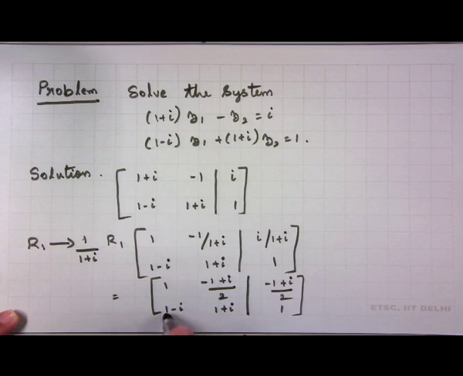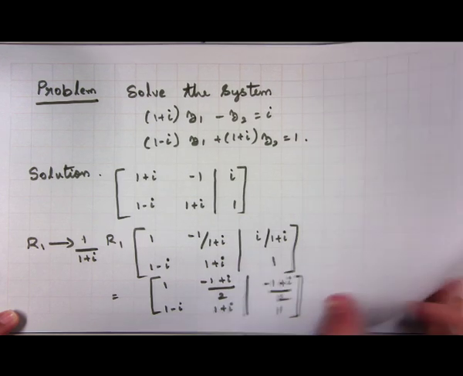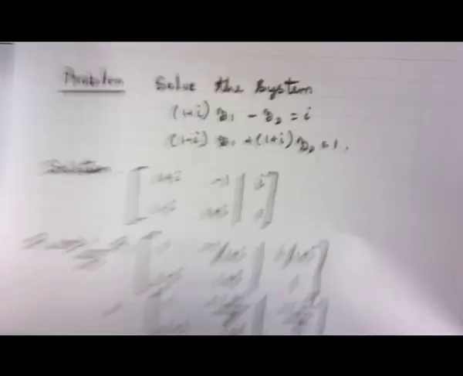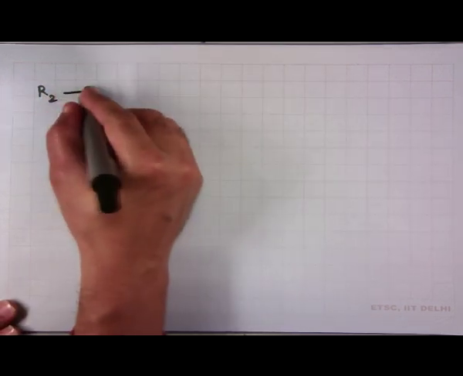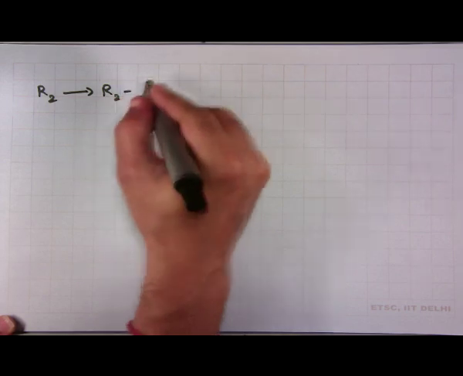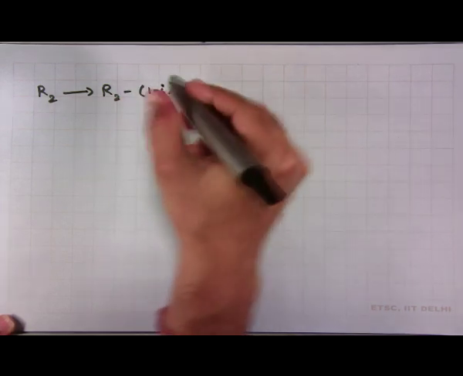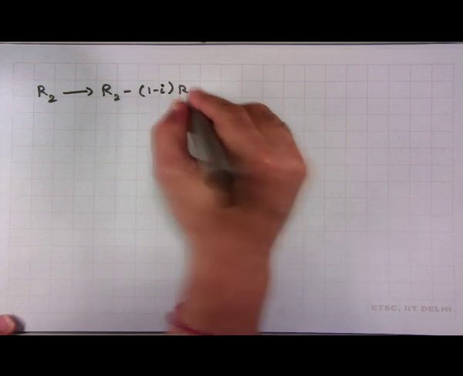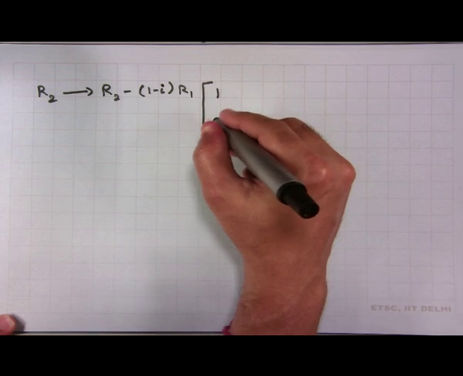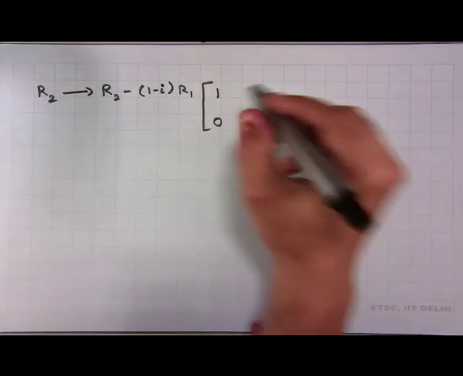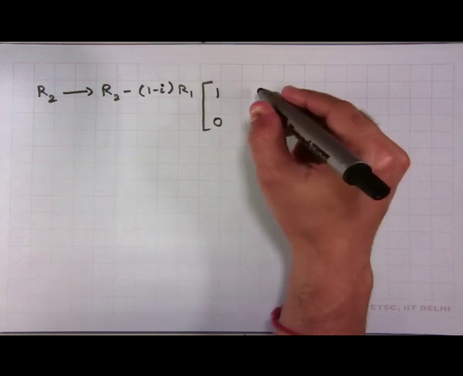So, next I have this 1 minus i. Let me convert this 1 minus i into 0. R2 is replaced by R2 minus (1 minus i) into R1. So, what I will end up with, the first row remains the same.